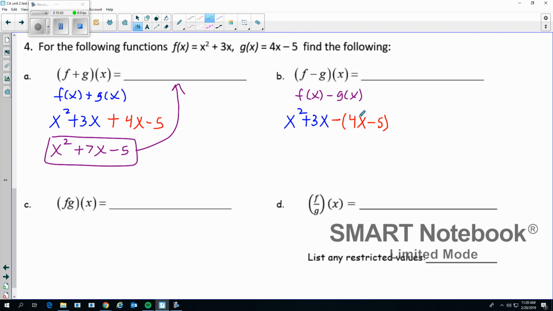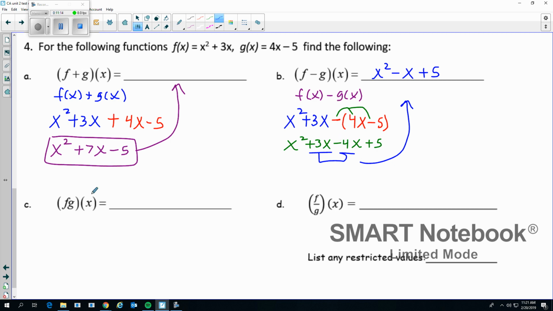So we end up with x squared plus 3x, then this becomes minus 4x, and that minus 5 turns into a plus 5. Then in the middle we can clean this up, and we end up with x squared minus x plus 5 once I simplify those like terms.